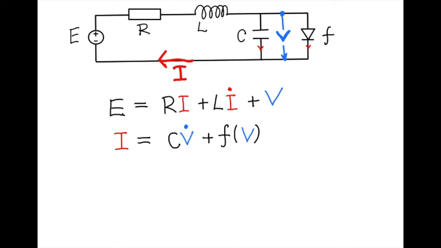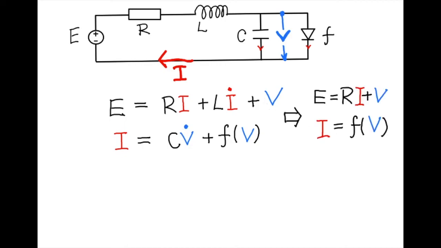So these two equations become these two equations. Here I and V are the stabilized value of current and voltage, and these are just ordinary equations. There's no derivative there, and we can solve these two equations by graphing them together.